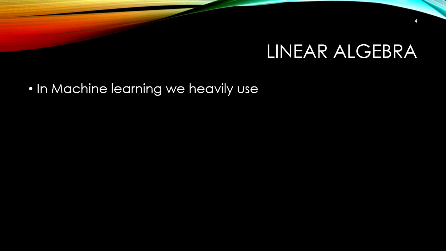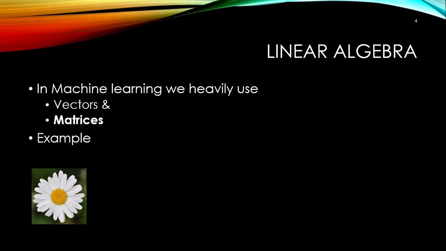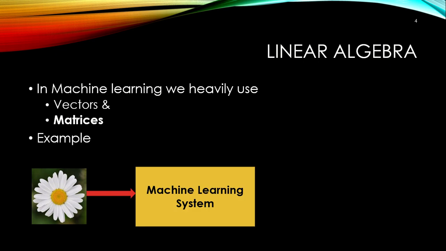Okay. So in machine learning, we heavily use vectors and matrices. Let's see an example. So we have a picture of a flower, and we give this image as an input to our machine learning system.